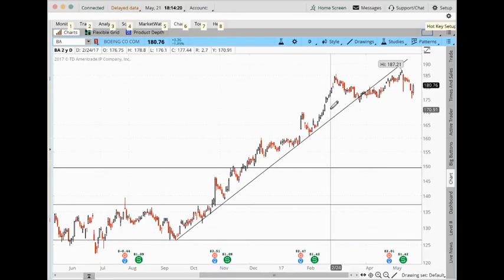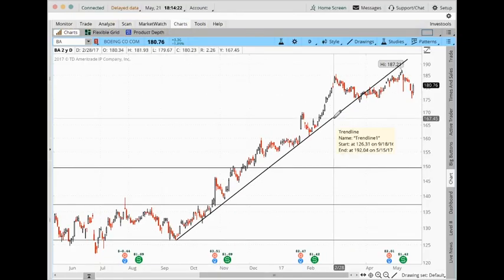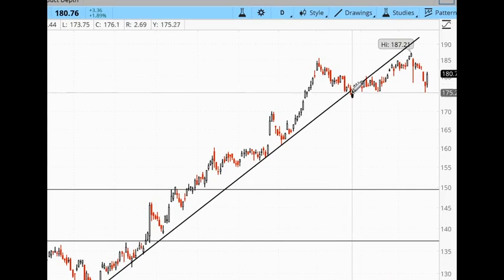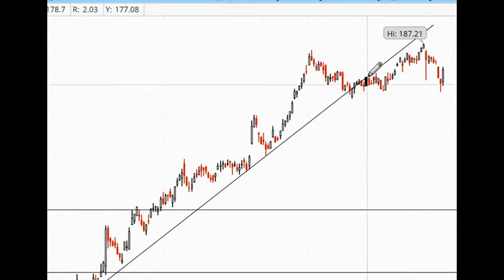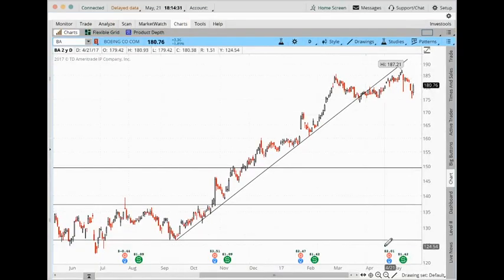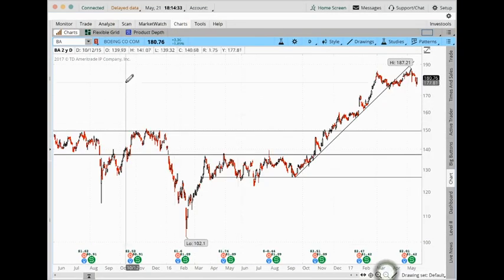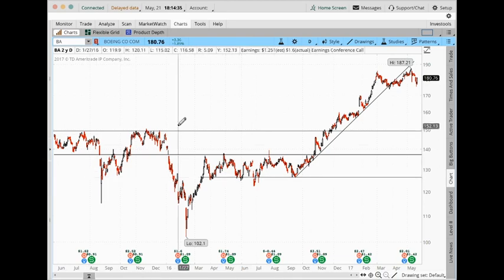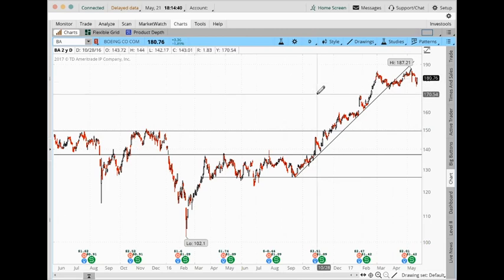So 6, very strong support. Now what has happened over here? You can see that it broke support and support became resistance. Becomes resistance. Boom, comes back down again, right? So you can see that these levels are really important to look at when you are entering a trade.